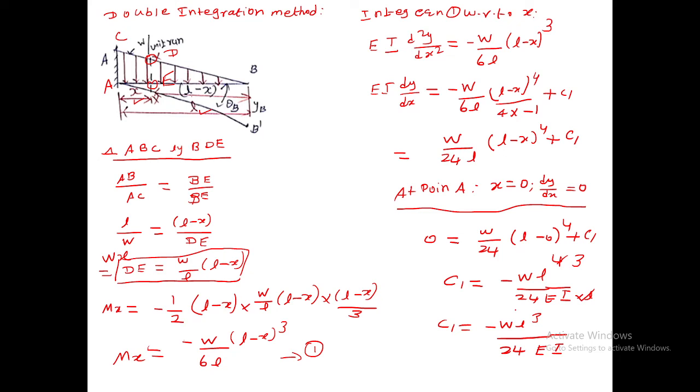Next, substitute the value into the equation: EI dy by dx equals W into L minus x power 4 divided by 24L, minus WL cube divided by 24.